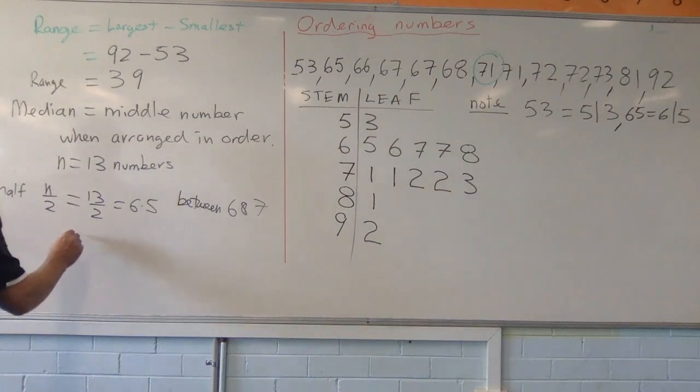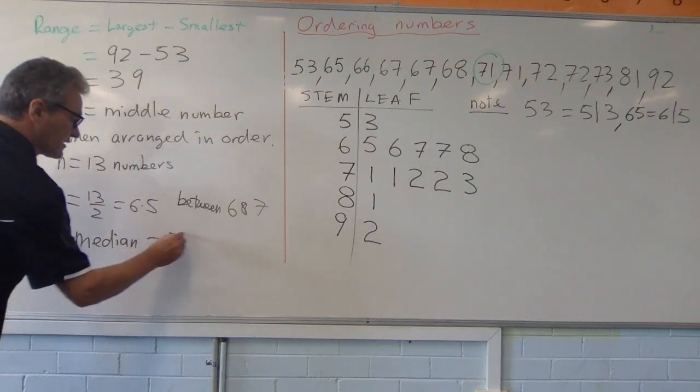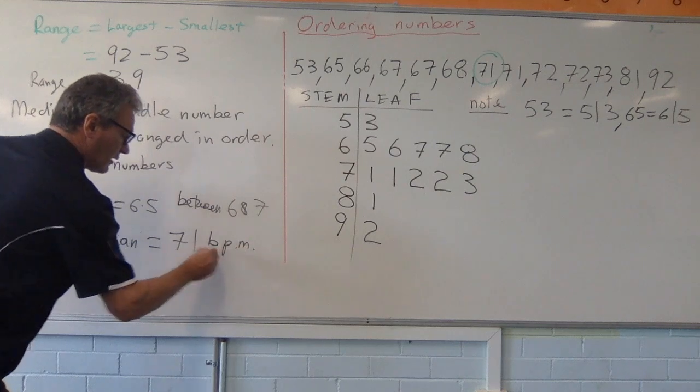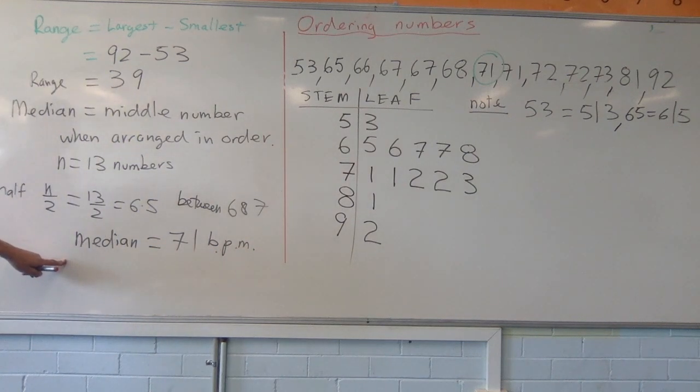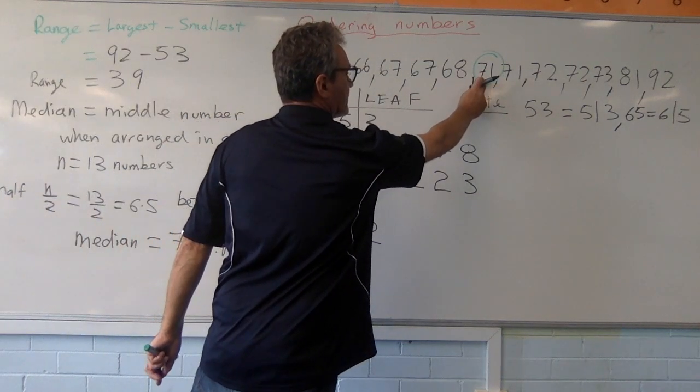Alright. The median equals 71. That's beats per minute. Right. This median is a measure of central tendency, where the middle scores are. Not exactly the average, it's the middle median number, 71.